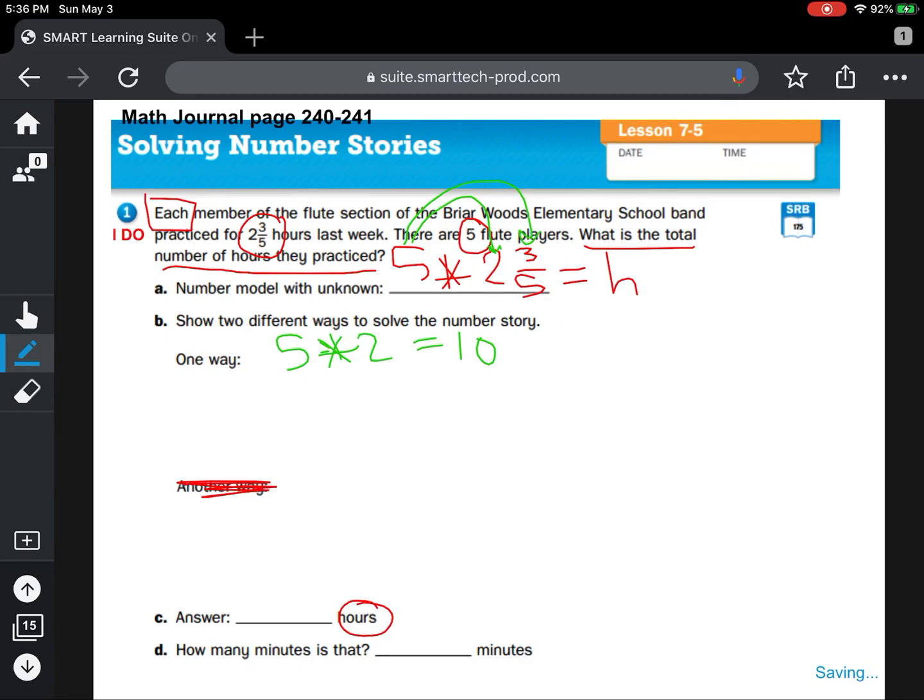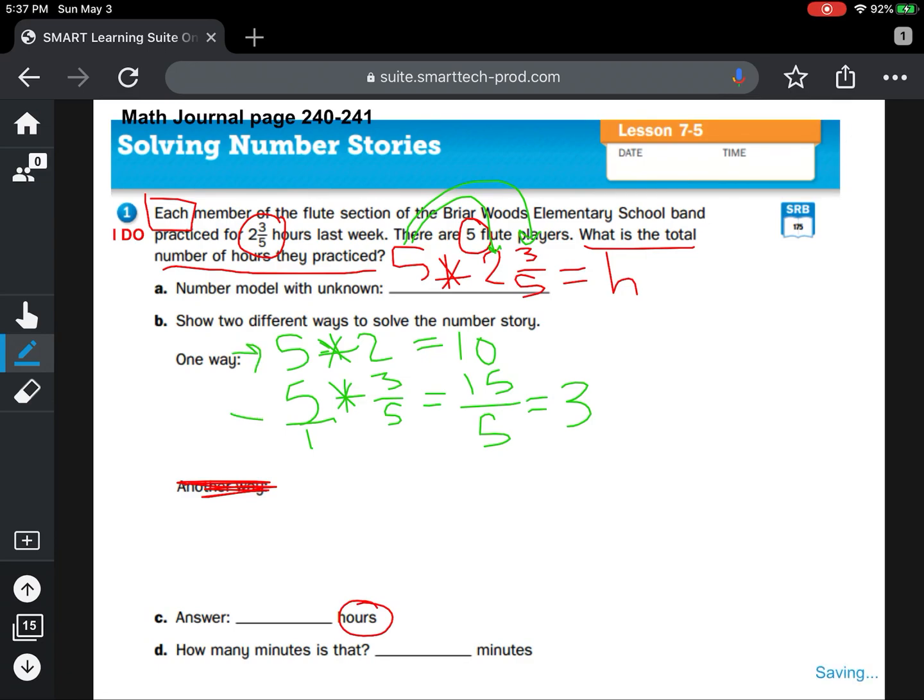Then we'll take our whole number times our fraction. So 5 times 3/5. Put the 5 over 1 and then multiply across. And we get an improper fraction as our answer. But we know that 5 can go into 15 3 times evenly because 5 times 3 is 15.